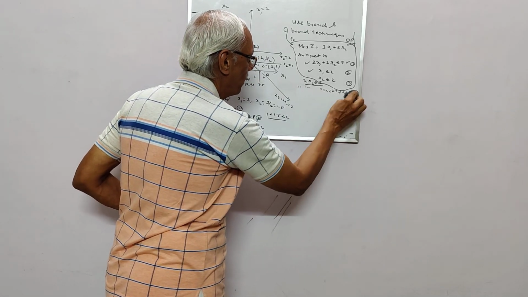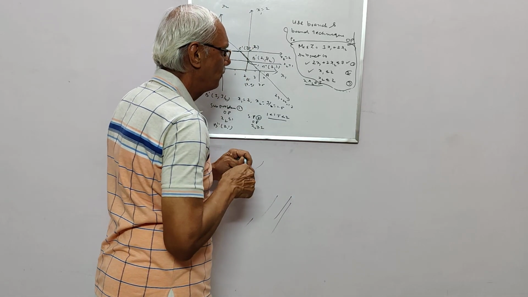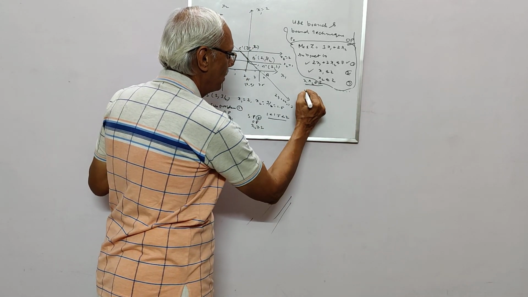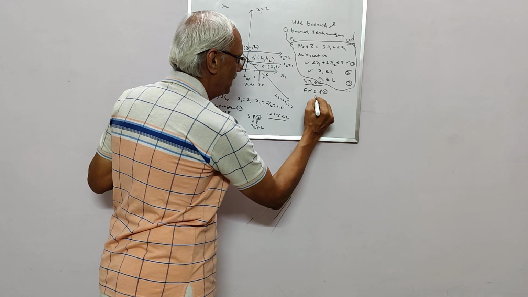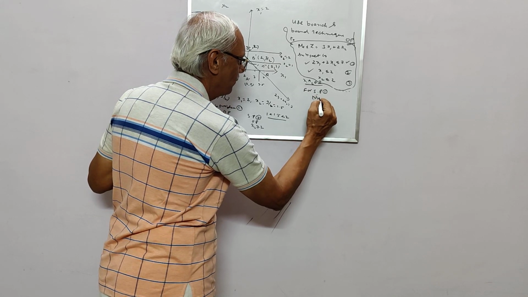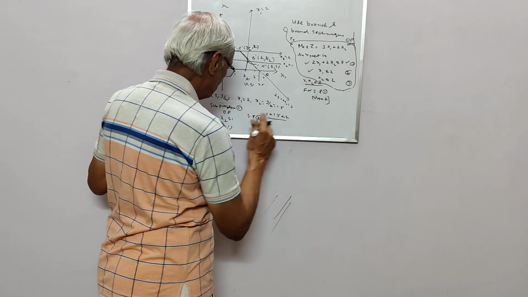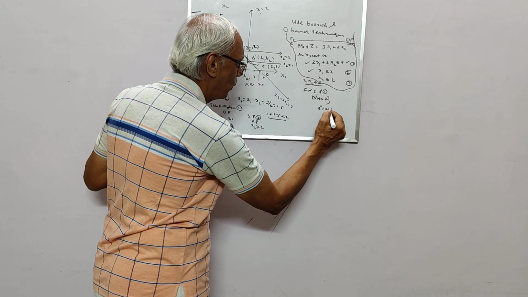So from subproblem 1, what is your sum? For subproblem 1, B dash, I'll write here max of Z at which point? B double dash of 2 1.